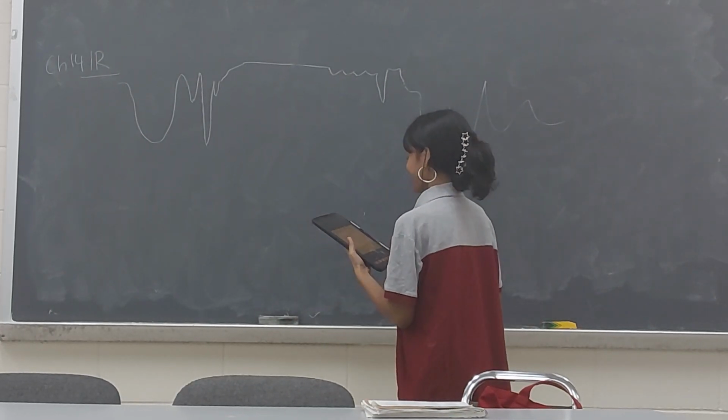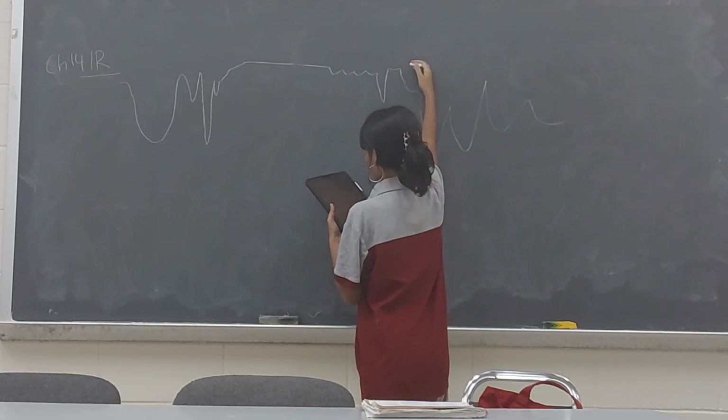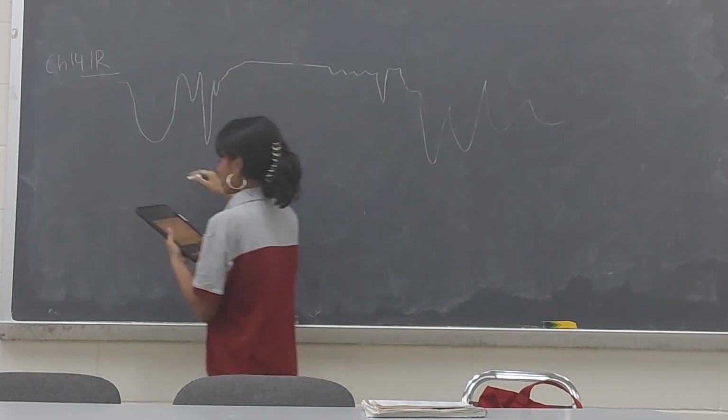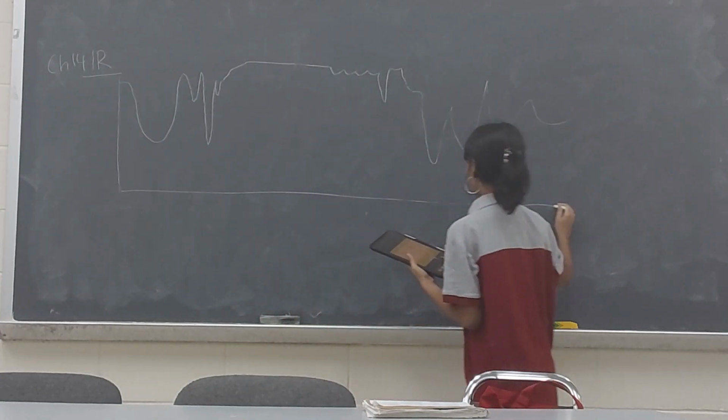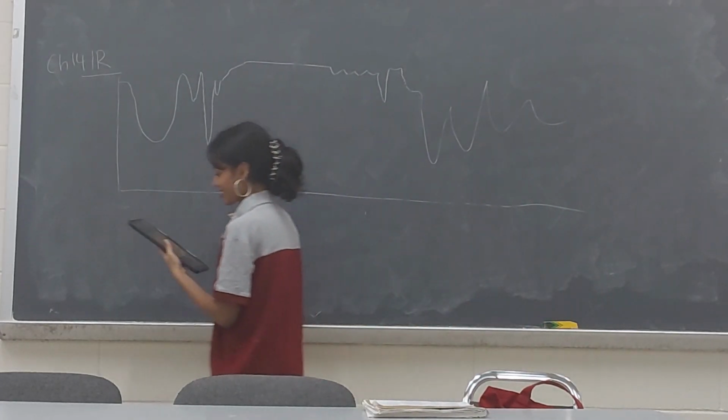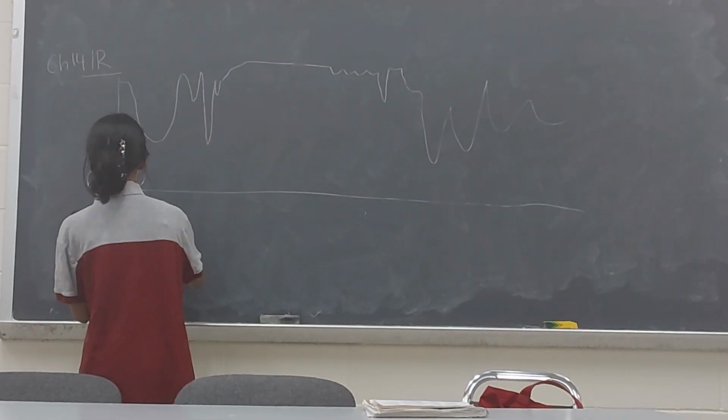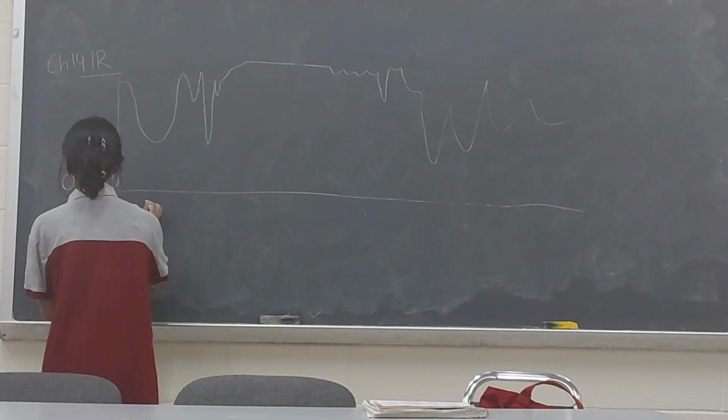This looks really crazy, but you'll be given a graph that looks like this. Probably much better because I drew this. And then it'll have numbers on the bottom for wave numbers.